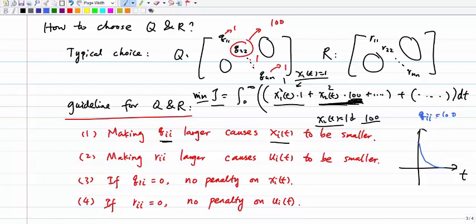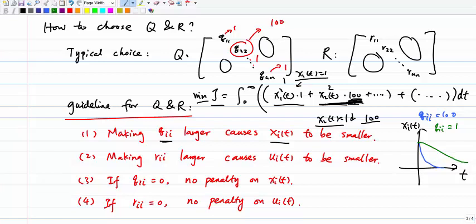But if you select Q_ii to be 1, for example, you could see something like this. This is for the state x_i(t). That's the difference. If you put large penalties, your state will drop much faster. If you put a smaller one, you will have a larger state.